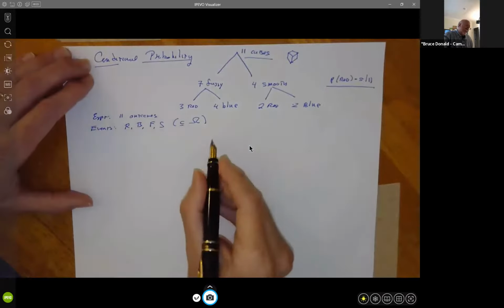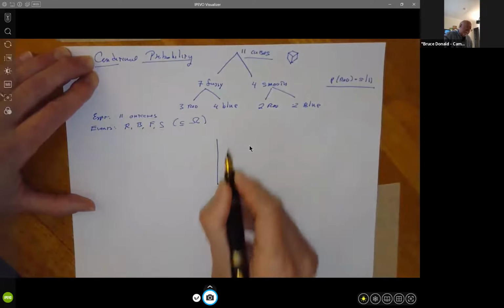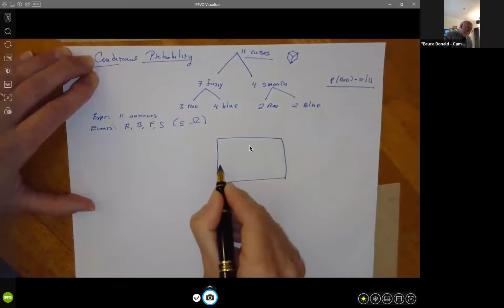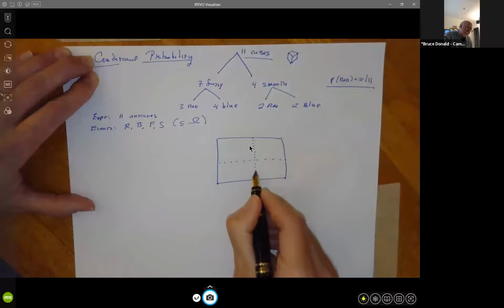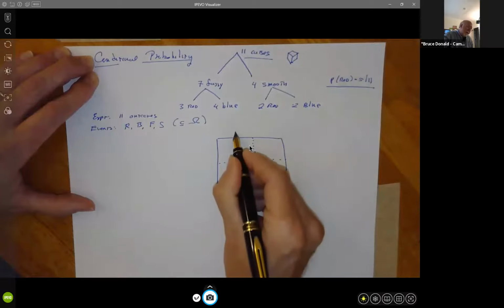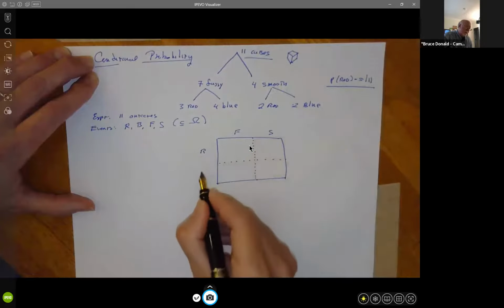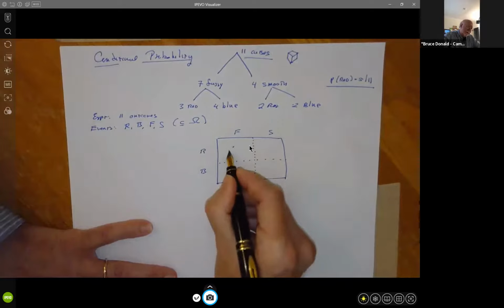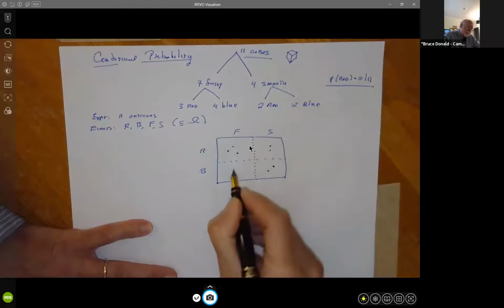Let's sort of draw this a little bit, see how this would work. So this is my fuzzy column, smooth column, red row, and blue row. And just to kind of reify this a little bit, I'll actually put number of points in here, 2 points, 2 points, and 4 points.